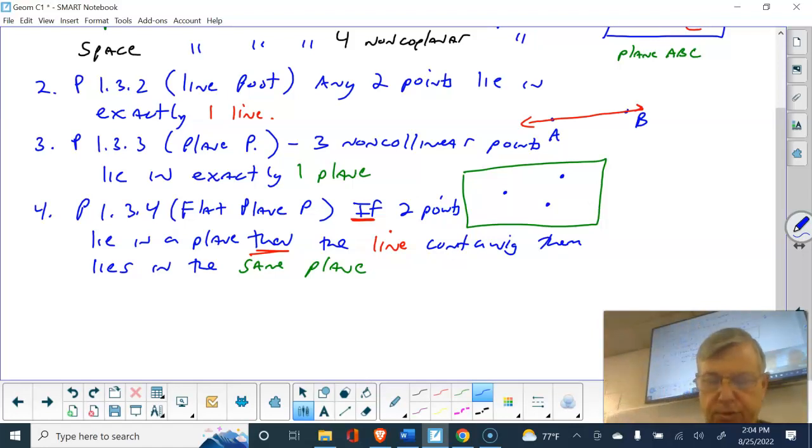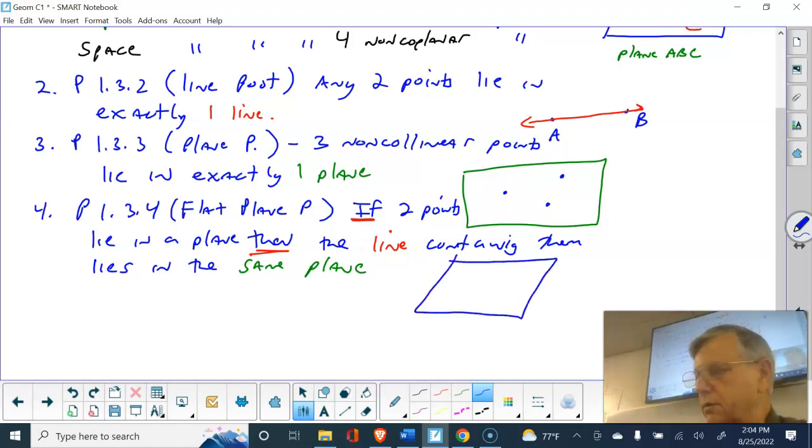So go ahead and draw this. I'm going to do some wording here with this, some symbology. Give yourself a plane. We'll call it plane lowercase p. Stick a point A in there and a point B in there.